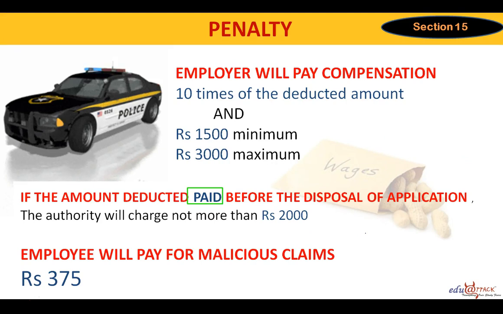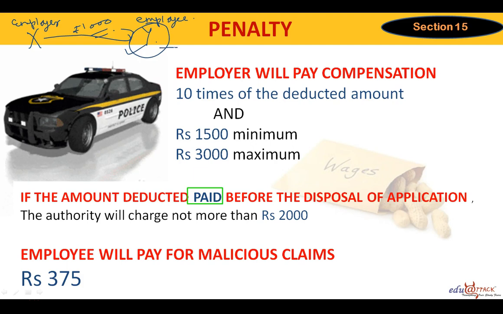Penalty. Suppose there is an X, an employer. He is an employer in an organization, and there is a Y, an employee. Employer deducts rupees 1000 as a deduction. He deducts 1000 rupees from the employee. Employee is not agreeing to that deduction.